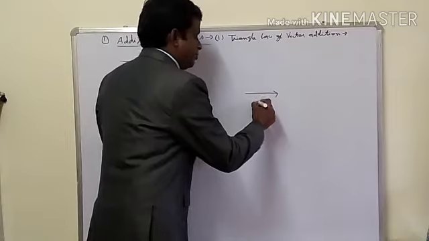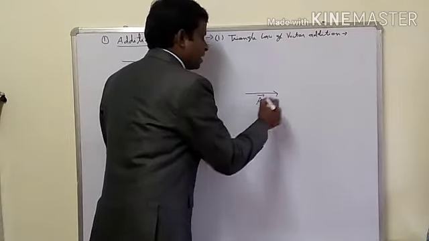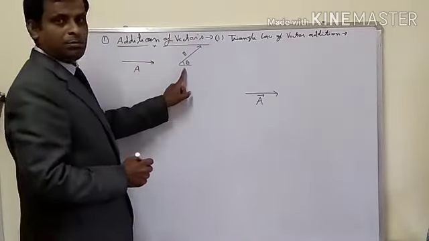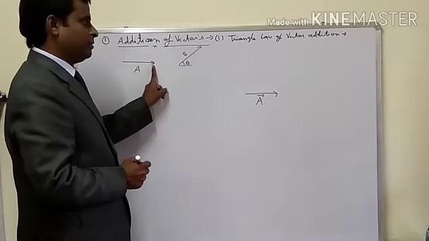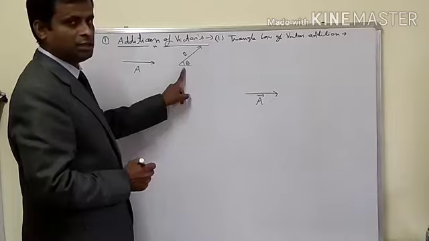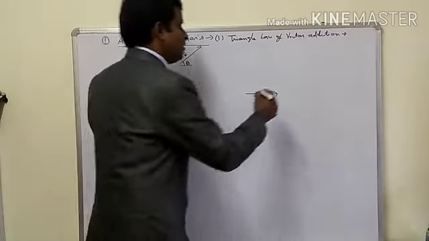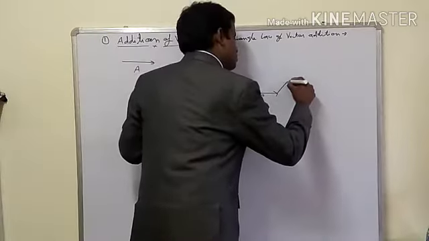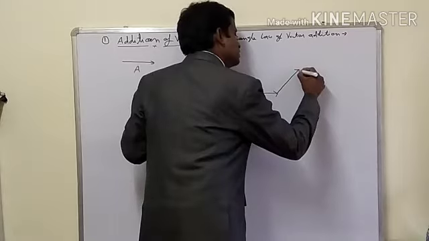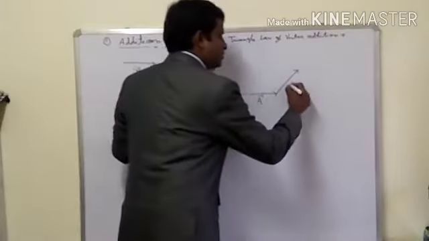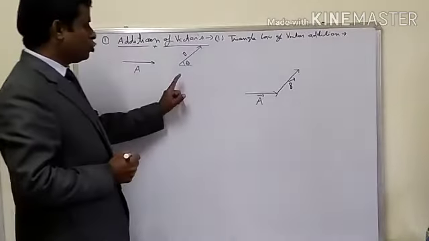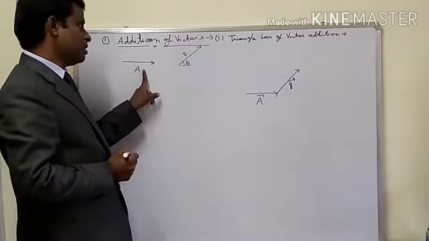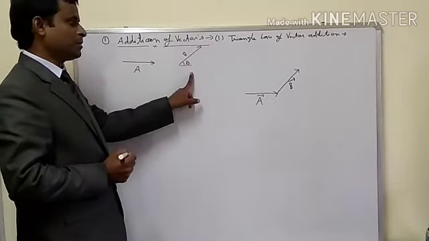Suppose I am drawing vector A, then we will connect the tail of vector B to the head of vector A without changing the direction. By this way, we may add two vectors, vector A and vector B.